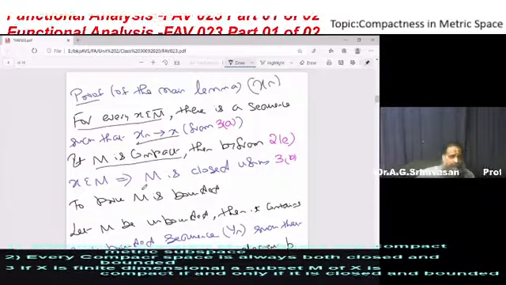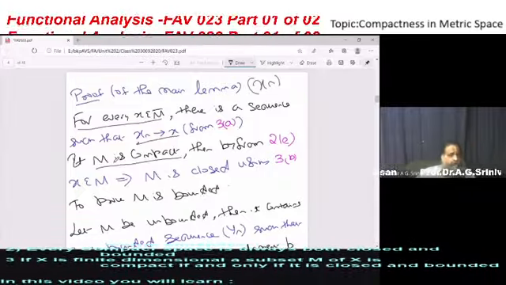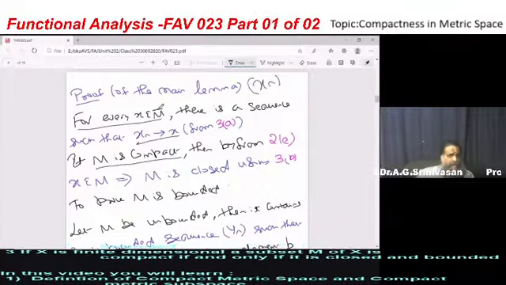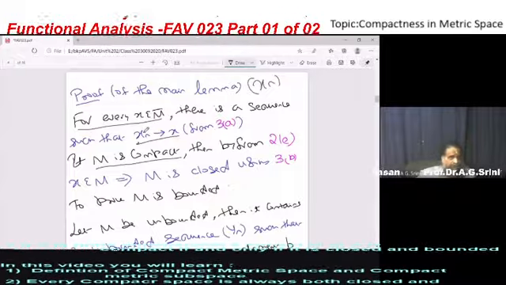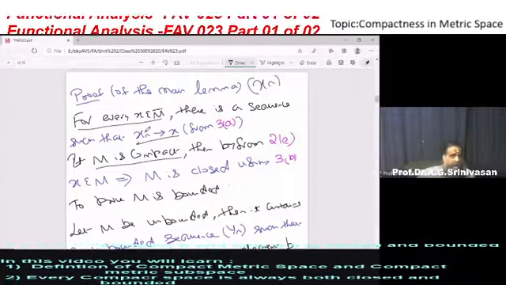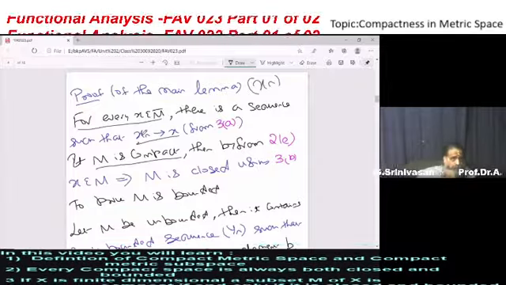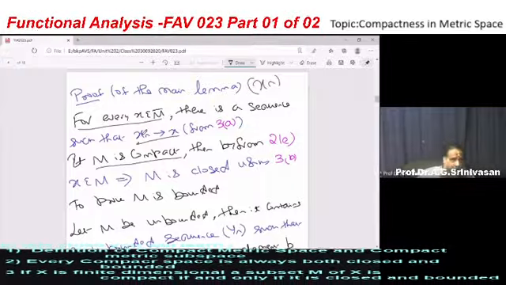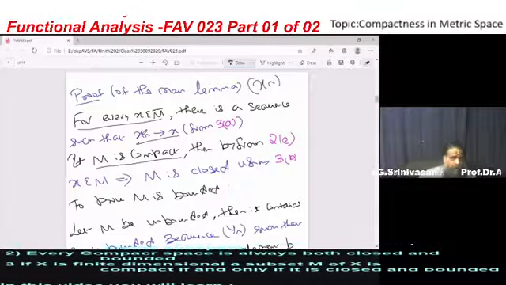So if M is compact, we proved that M is closed. Shall I summarize one more time? You are given M is compact. Take X belongs to M bar. If X belongs to M bar, there is a sequence Xn which converges to X. Now this sequence can be viewed as a subsequence of itself, because they are the same, right?